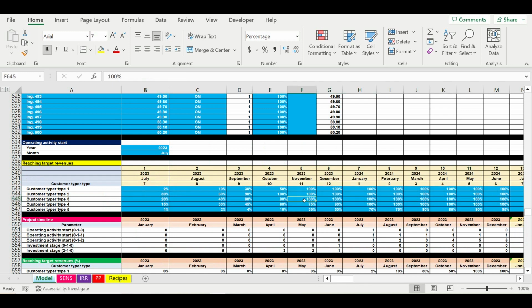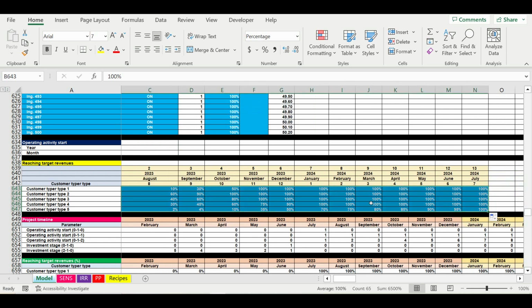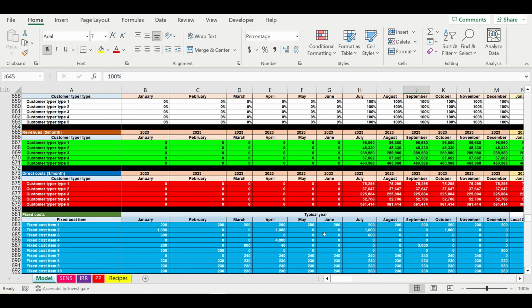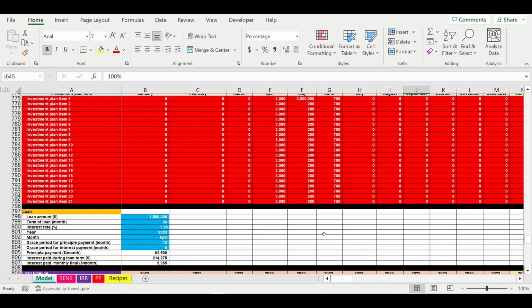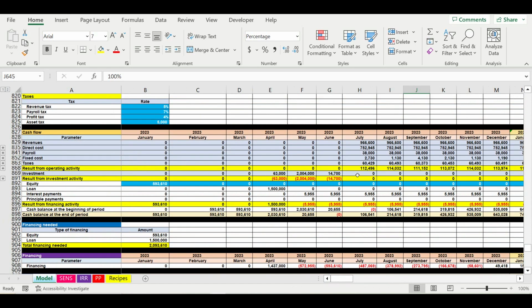So, for example, if we set up 100% of target revenues happening right on the first month of operating activity, and we go back to the cash flow statement, here we can see that we don't need any additional financing. But in reality, this is not true.